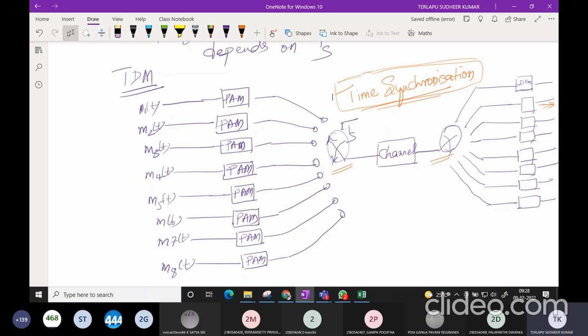Then what is the disadvantage? Synchronization is important. Delay. Both are correct. So assume I have 100 signals to be transmitted.